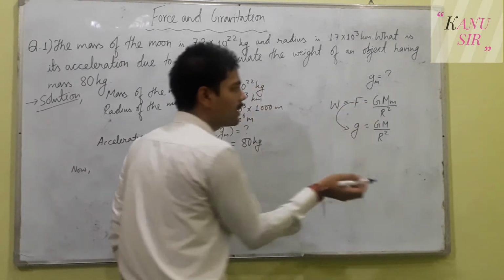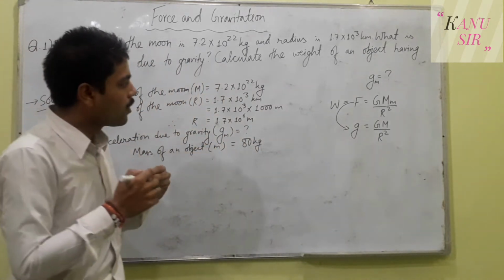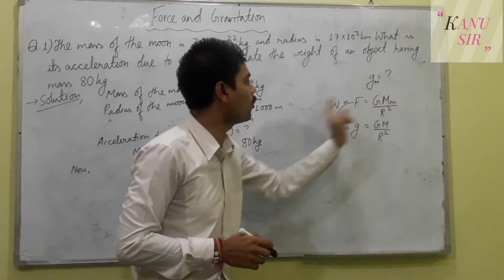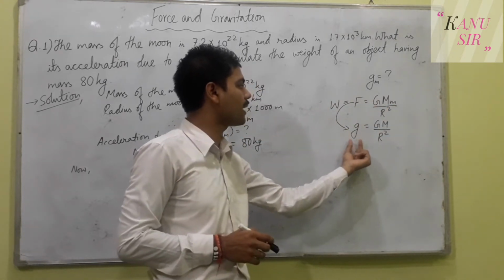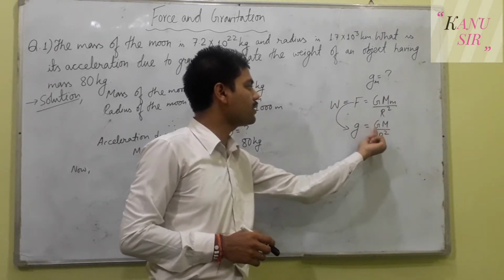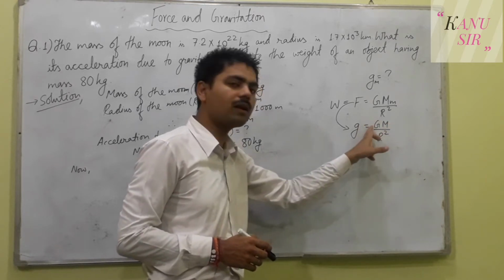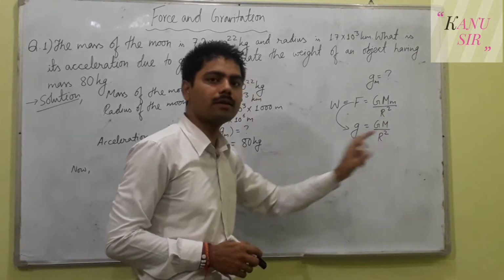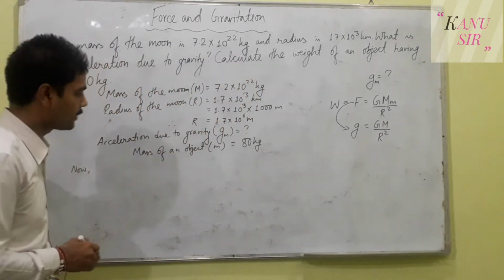I have explained in the previous video that we can cancel out the masses of the object from both sides, and we'll get acceleration due to gravity equal to capital G capital M, which is the gravitational constant, mass of the heavenly object, and square of the radius of that heavenly object.